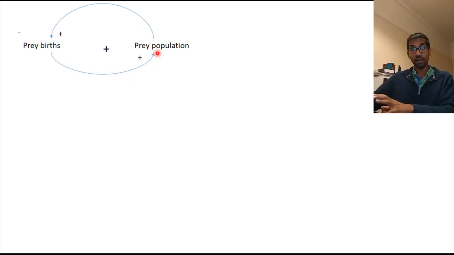If you have more rabbits, what happens to the number of births? It increases, right? This relationship, where an increase in the prey population results in an increase in births, and an increase in births results in an increase in population, is called a positive feedback loop. An increase of one of the quantities results in an increase in the other quantity.